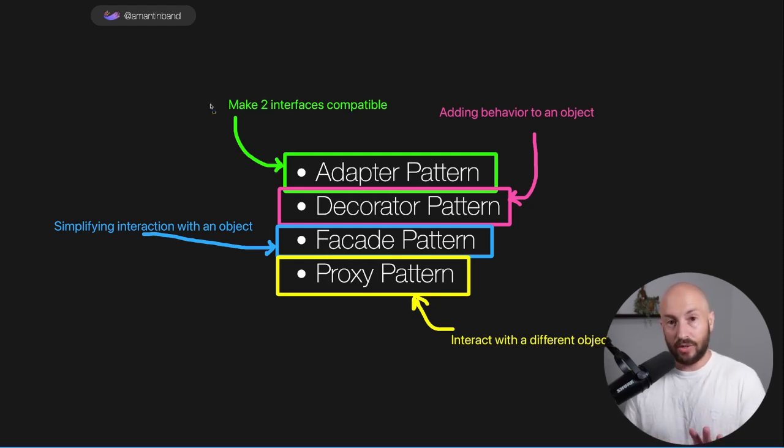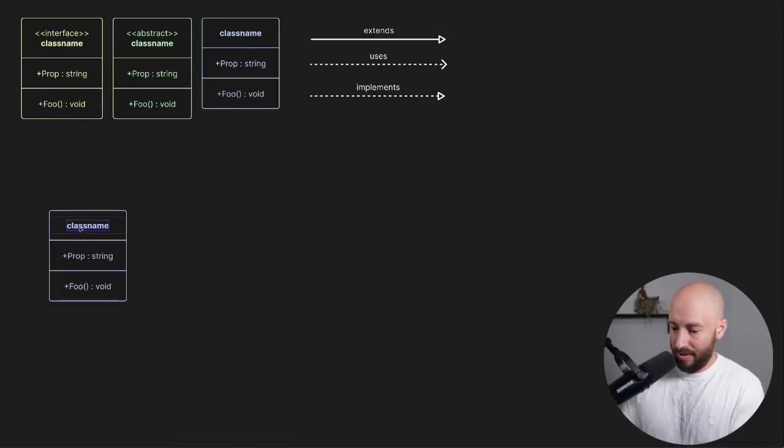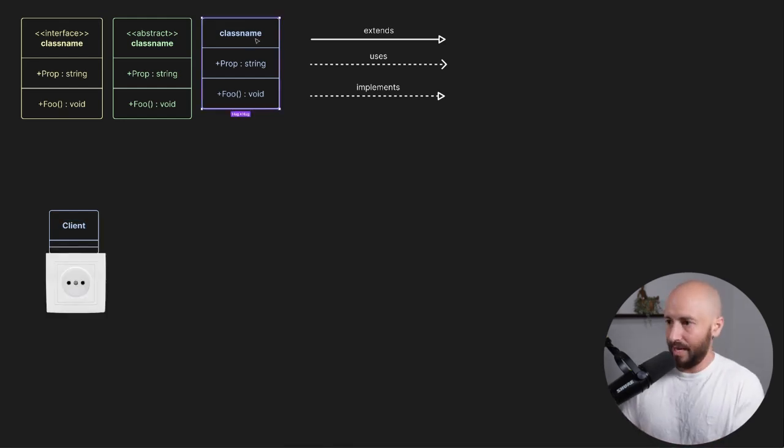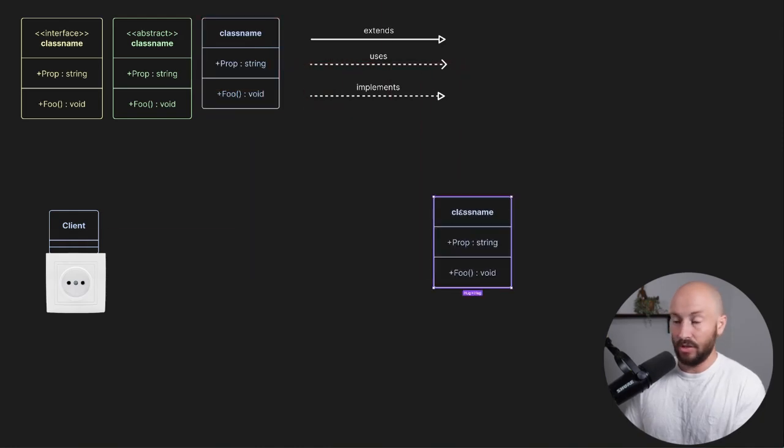So now that we're starting to understand what this design pattern is all about, let's go ahead and create a class diagram. Okay, so on one side, what we have is the client. The client wants to interact with some interface, but that interface is incompatible to what the client wants. So we have the client, and the client wants to go ahead and interact with some type that is incompatible. We said we'll call this the adaptee.